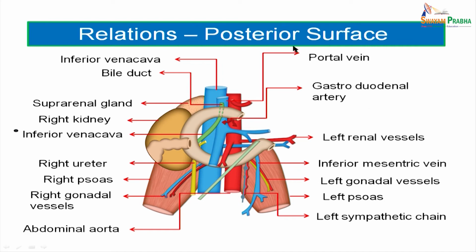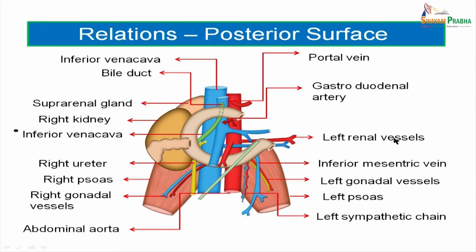So, to repeat the relations, we start from the gastroduodenal artery, portal vein, inferior vena cava and bile duct to the first part, suprarenal gland, the right kidney, inferior vena cava, the right ureter, the right psoas to the second part, then inferior vena cava, right ureter, right psoas, the right gonadal vessels, abdominal aorta and the left sympathetic chain to the third part, and the abdominal aorta, the left sympathetic chain, the left psoas, the left gonadal vessels and inferior mesenteric vein along with the left renal vessels to the fourth part.